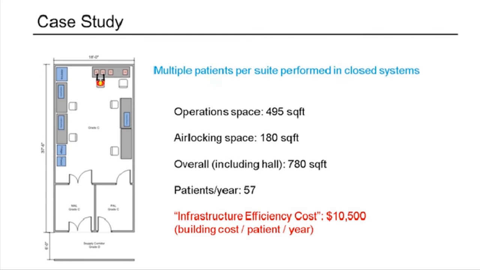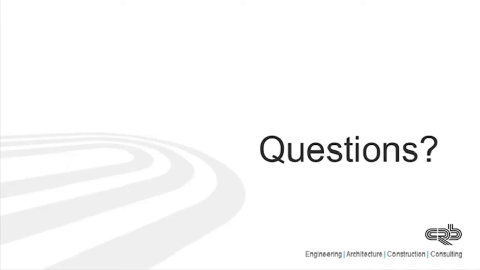And so then you could be really maximizing your throughput through these closed systems. You get multiple patients a day on your closed systems potentially, and really maximize that value for your facility then.